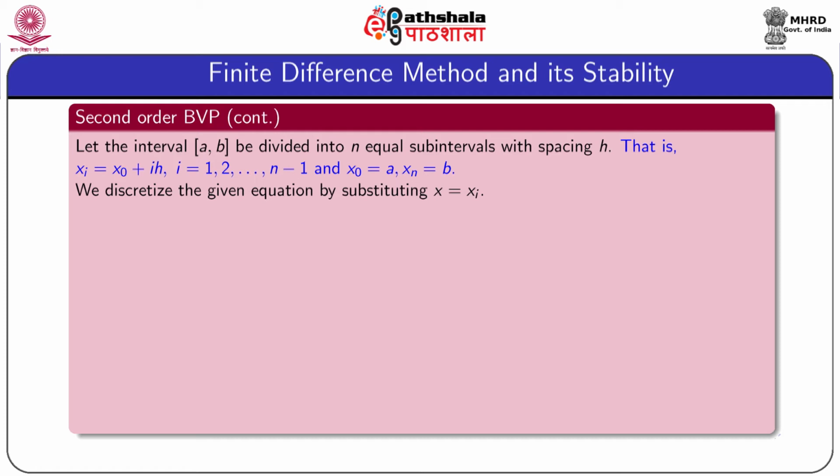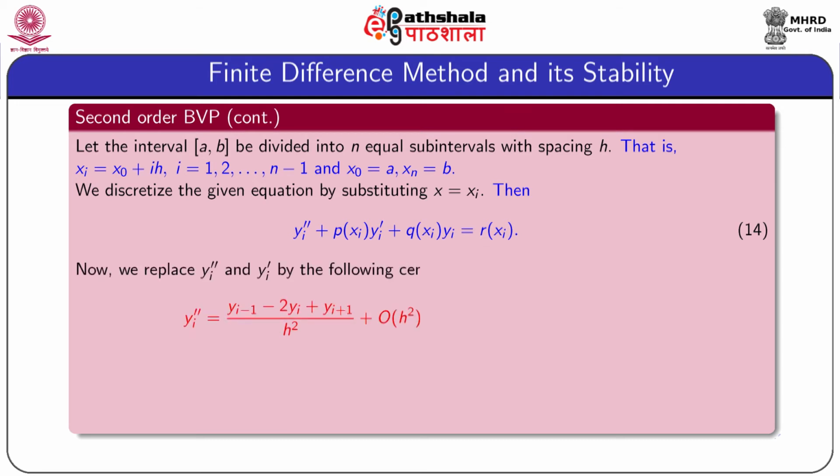Now, we discretize the given differential equation by substituting x equal to x_i. Then the differential equation becomes second derivative of y at x_i, that means y_i'', plus p of x_i into first derivative of y at x_i plus q of x_i into y_i equal to r of x_i.